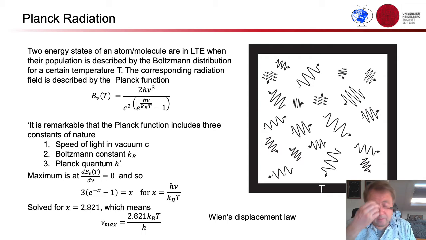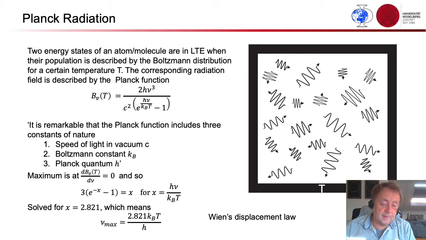What we can do now is determine the maximum where the radiance, which is described by the Planck function, has its maximum. So what we do is we derive the derivative of B nu with respect to the frequency.